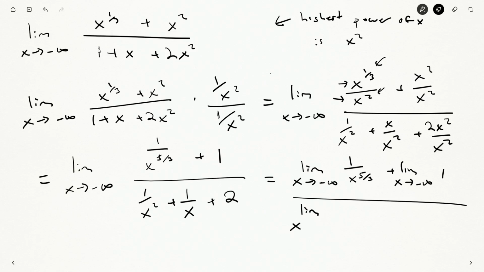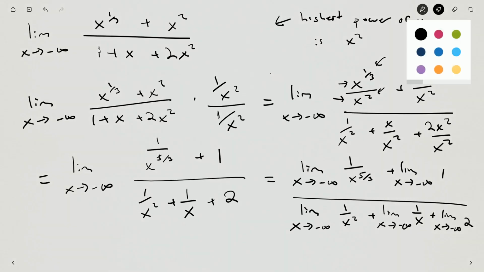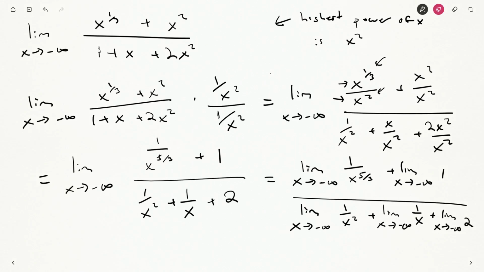And you might remember from class, we had a rule that said if it was the limit of 1 over x to some positive rational number, that goes to 0. That's 0. That's 0. That's 0.